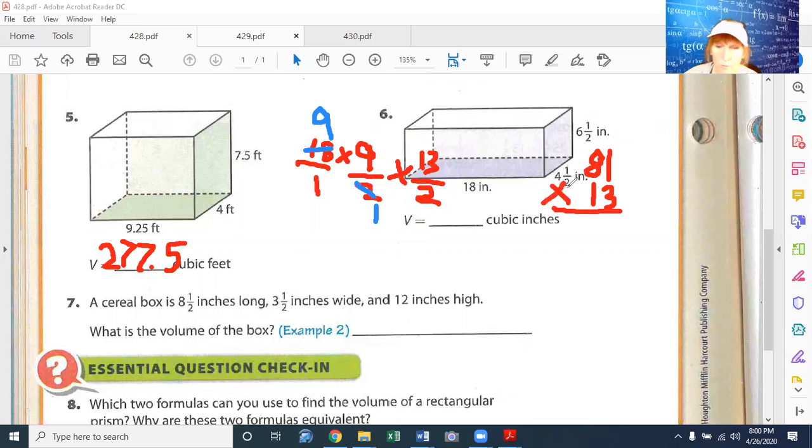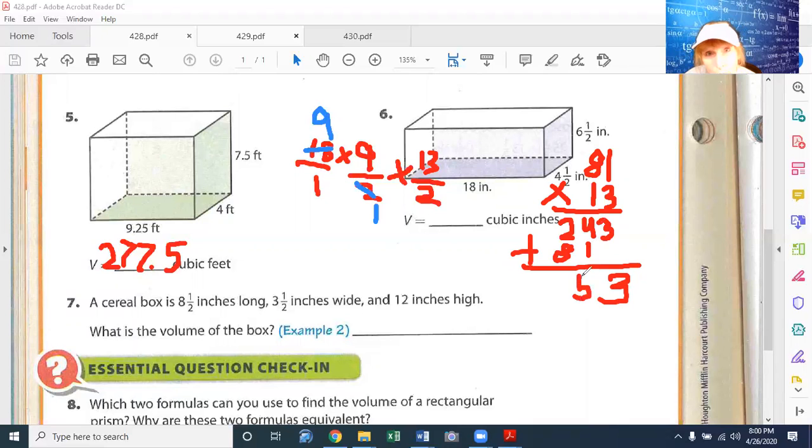So 3 times 1 is 3. 3 times 8 is 24. And then the next set here, 1 times 1 is 1. 1 times 8 is 8. And then I add those together, and I get 3.